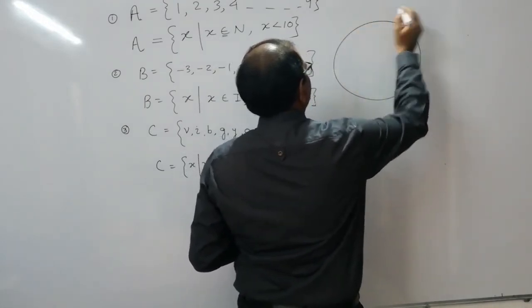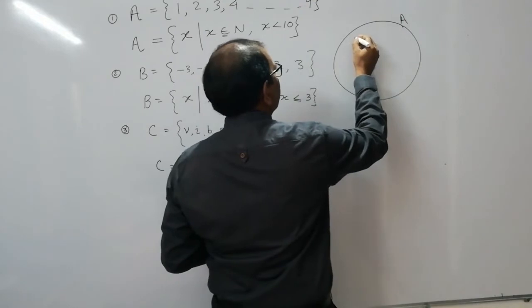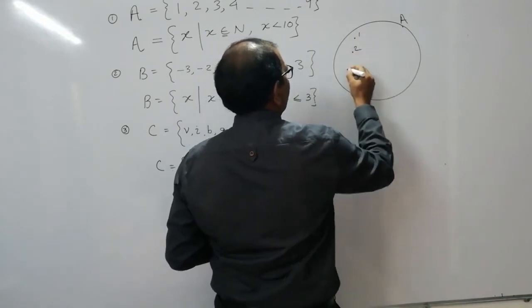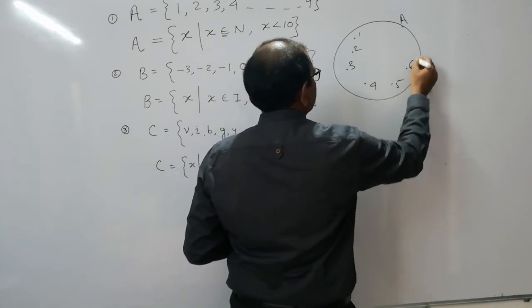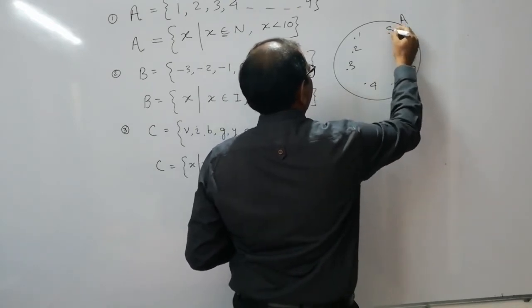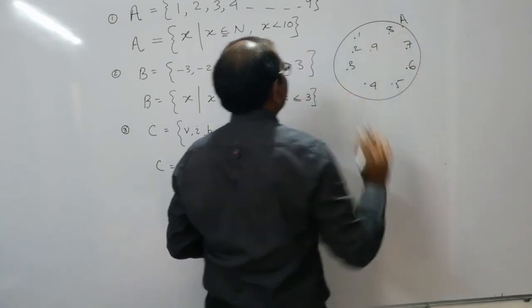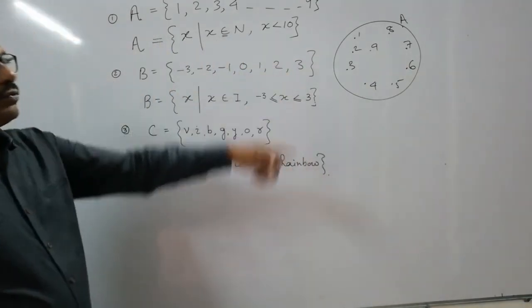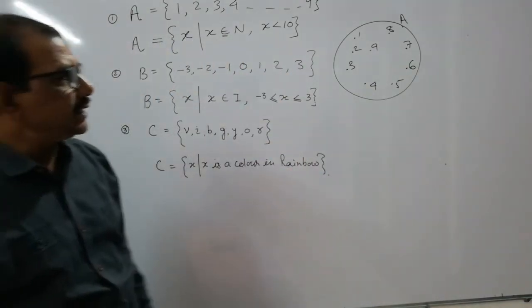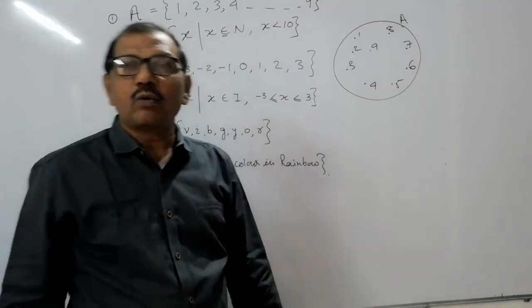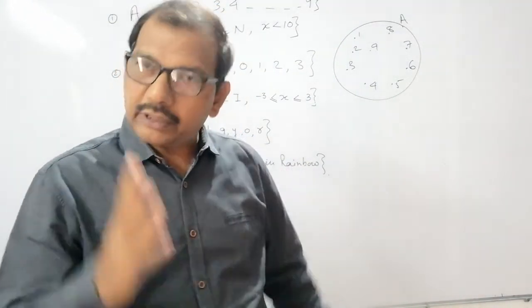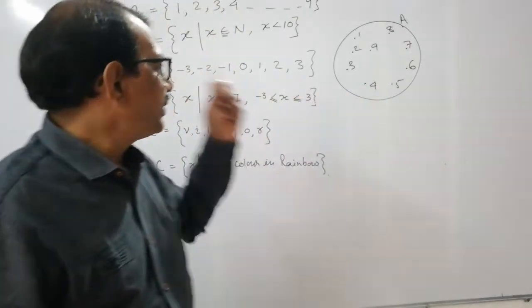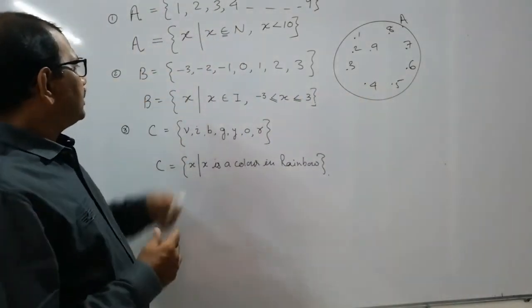I'll write A here, and then I'll just write the points like 1, 2, 3, 4, 5, 6, 7, 8, 9 only. So this way of expressing a set is known as Venn diagram, right? ये Venn diagram जो है word problems में बहुत काम आएगा, थोड़ा ध्यान से देखते जाना इसको, right? Same is the case with this one also.